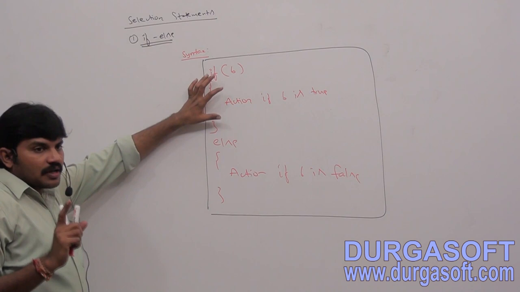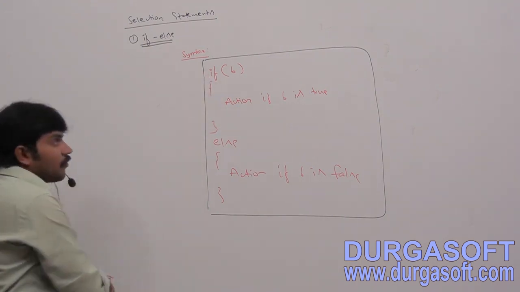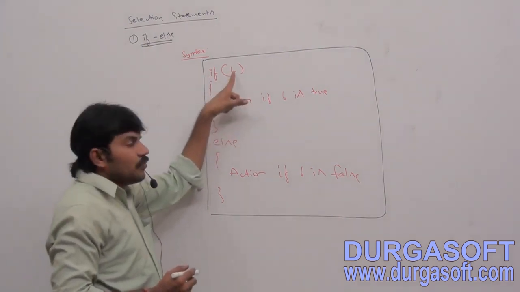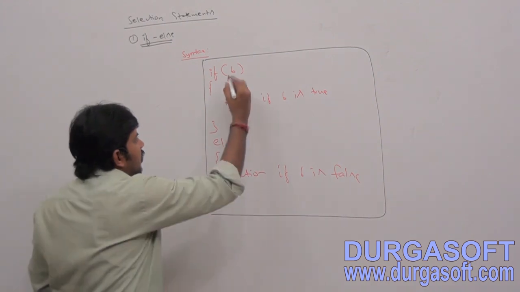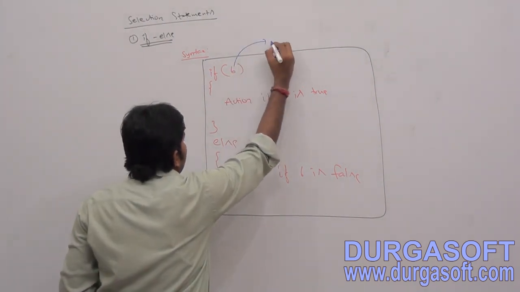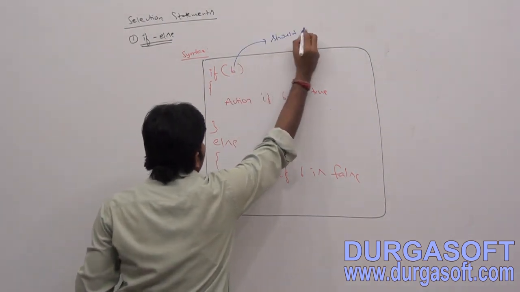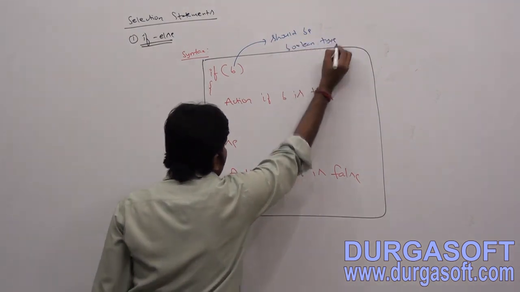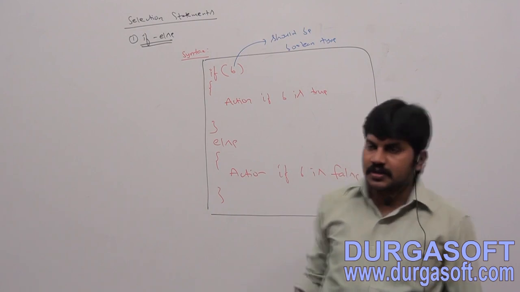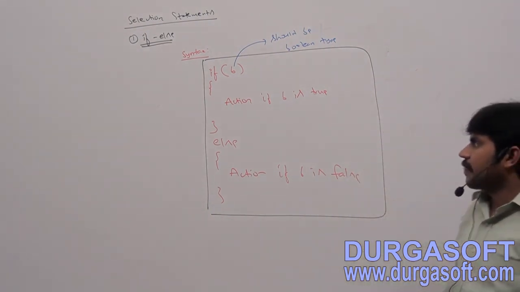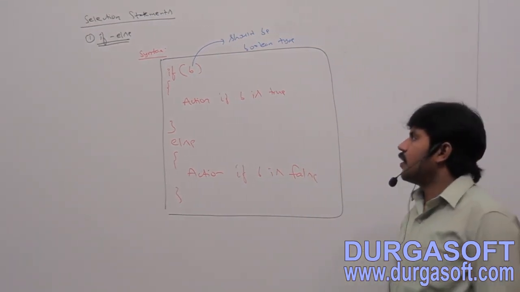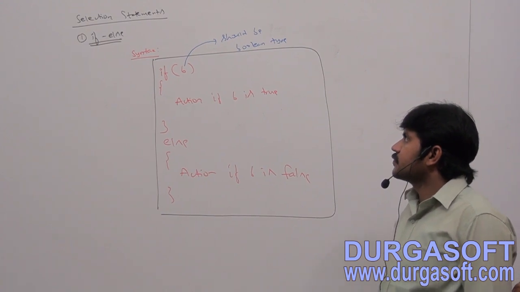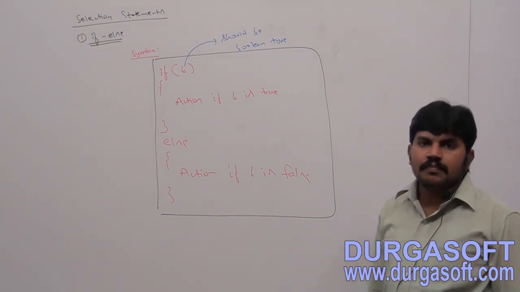Now can you tell what is the argument to this if? Compulsorily, this argument should be what type? Boolean type. Okay, take this part. Syntax: if of B, B should be Boolean type.